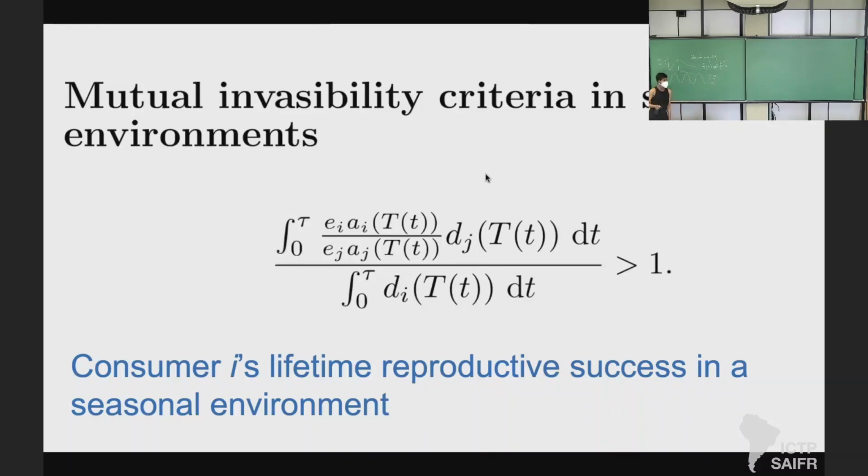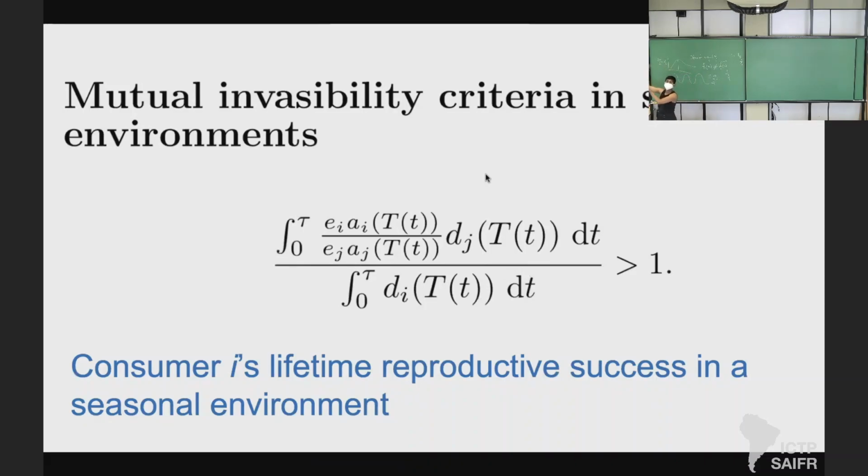Okay? What is 1 over D? If you assume mortality operates exponentially, 1 over D is the longevity, right? And what is E over A? The birth rate, right? The consumer's birth rate multiplied by its longevity. Sorry, it's its lifetime reproductive success. So we get this really important quantity out of that integral.